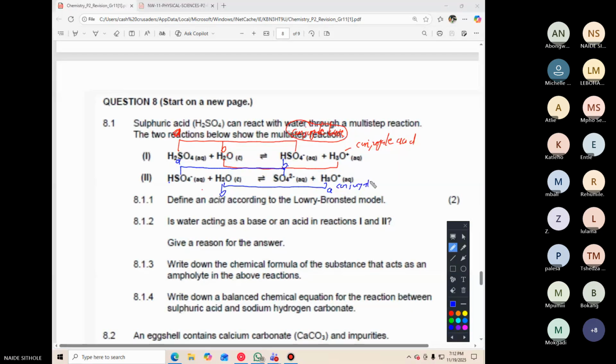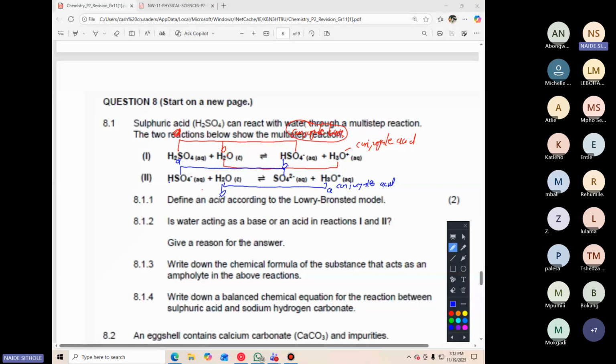Now, at this point, we know, guys, according to our notes, yes, they have said that water can act as an ampholyte, but it doesn't mean that water is always an ampholyte in all cases. Water can only be an ampholyte when you observe that it acts as a base in one reaction and it acts as an acid in another reaction.